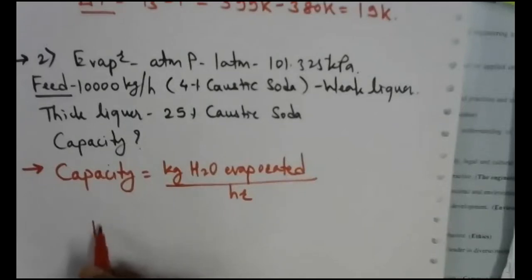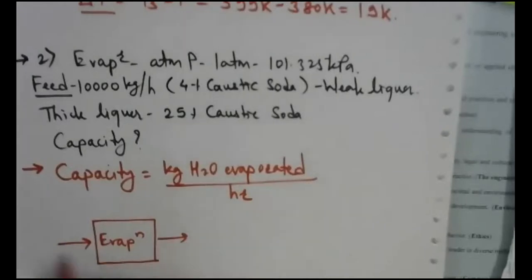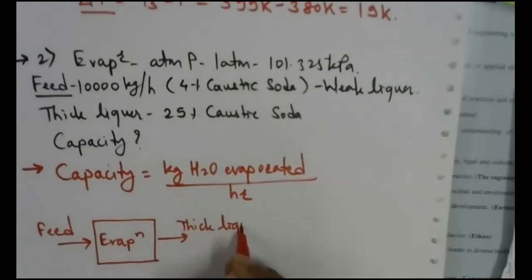So how exactly is the block diagram for this numerical? Here we have the evaporator, the feed, and the thick liquor. The feed means weak liquor having 4% caustic soda, and 10,000 kg per hour is the mass flow rate of this feed.